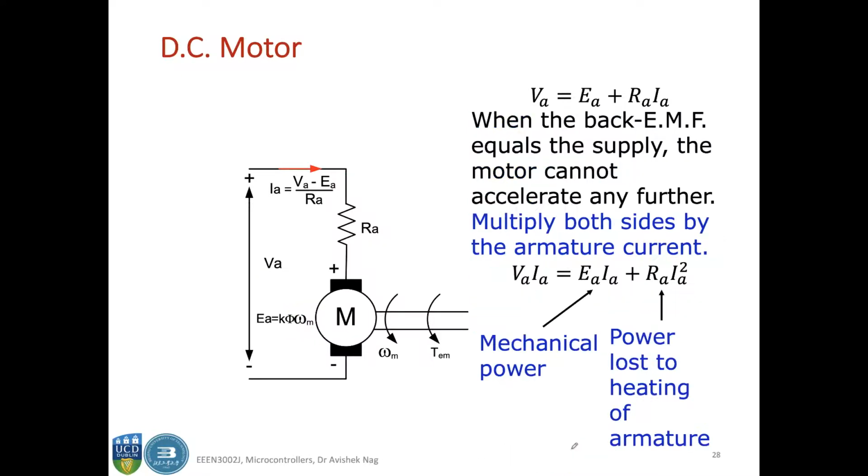So that's what we have. And now if we multiply both sides by the armature current, okay, you have this, and this part is the mechanical power, and this is the I square R loss or the power loss to heating of the armature. Okay.